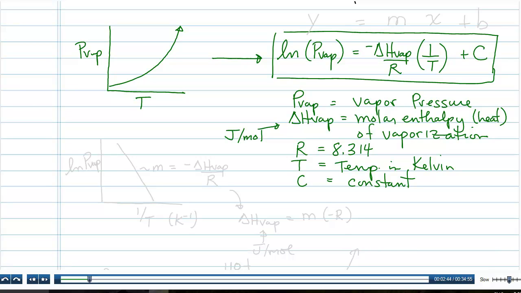When you look at the Clausius Clapeyron equation, as ugly as it may seem, as complicated as it may seem, it actually has an interesting underlying structure.